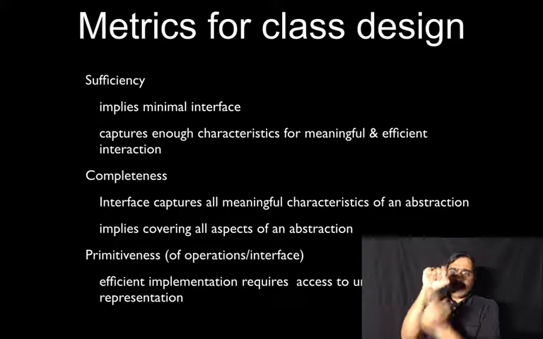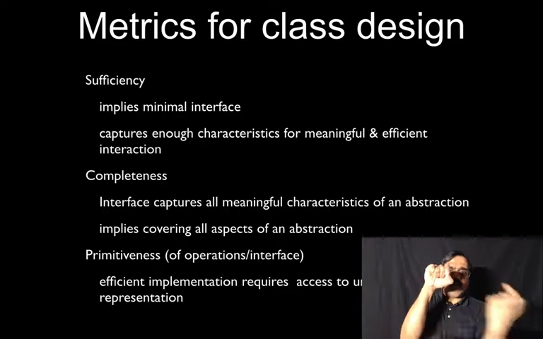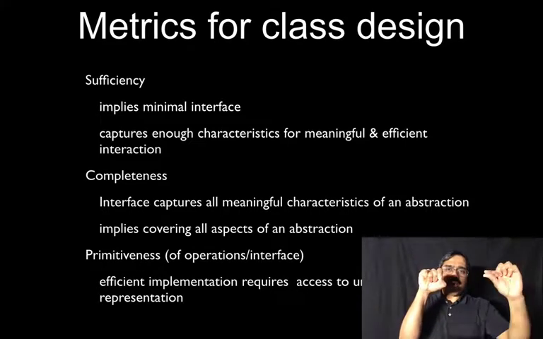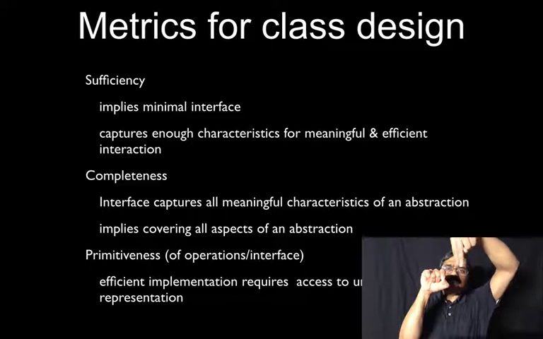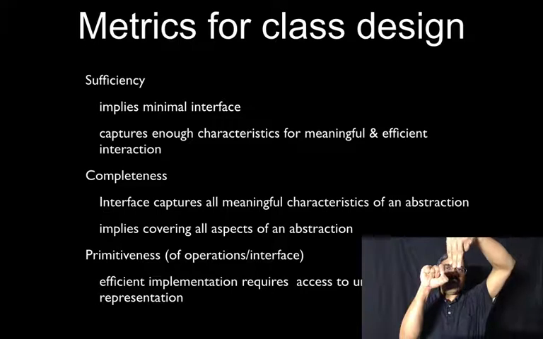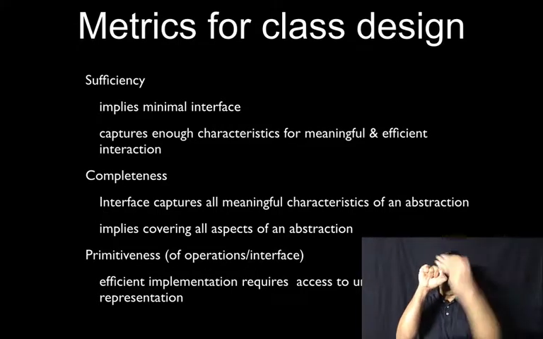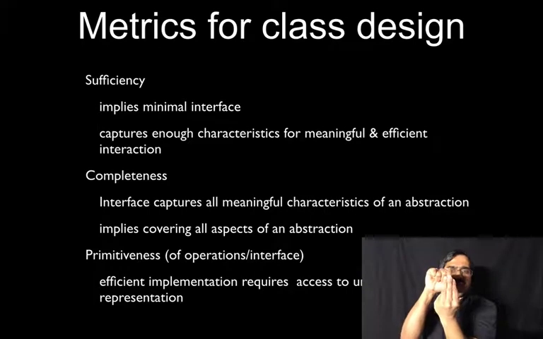For example, for the list, say I have an add and a remove function, but the class is not complete right now because there is no function to see if the list contains an element. Now I add a function called contains in addition to add and remove, and my list is complete and sufficient. Now I add an extra method to add a couple of elements.